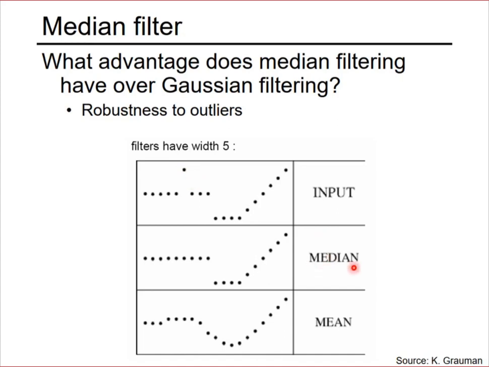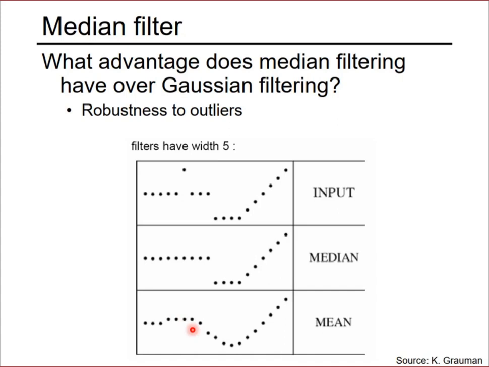If we apply the median filter, it will be replaced by some other pixels nearby. The mean filter is very similar to the Gaussian filter because it's linear, so all of the nearby values will be enlarged.